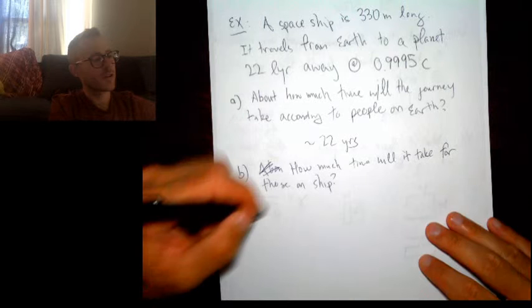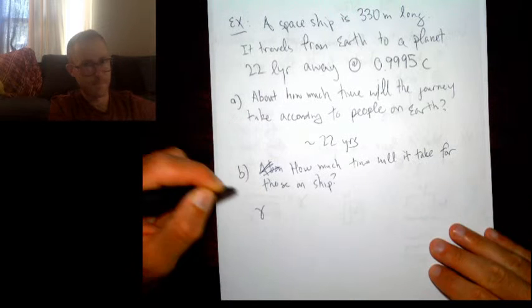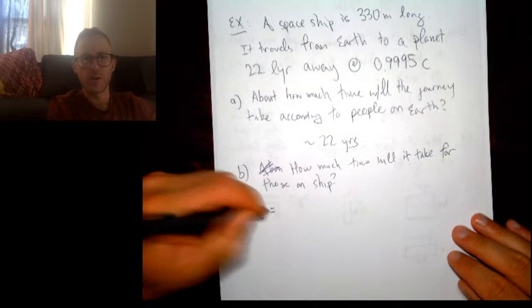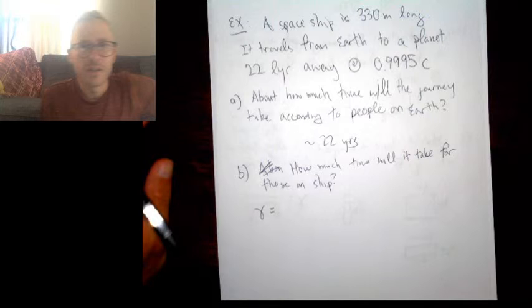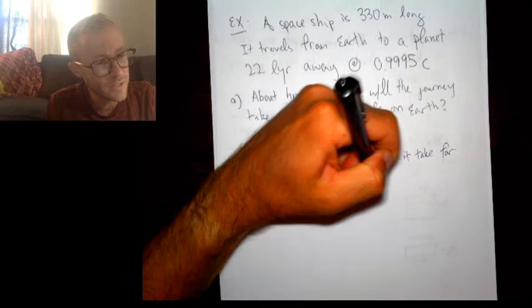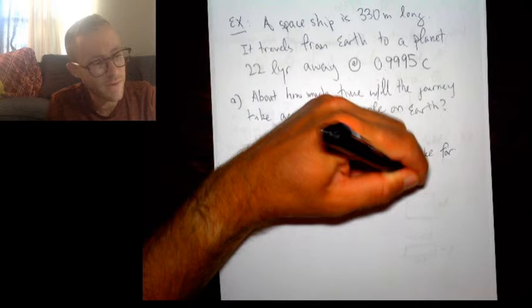Well, we better calculate the relativistic gamma. So gamma, so v over c is 0.9995.